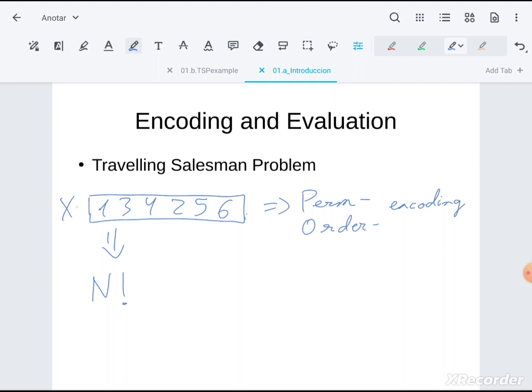If this is your solution and you are provided with the adjacency matrix, which tells you the distance from city i to city j, then your function is the sum of the distances of the ith city to the following one, plus the way back.